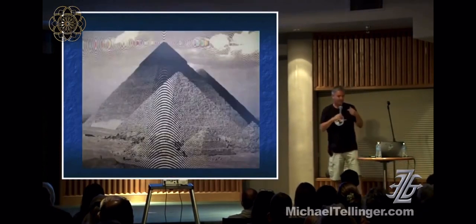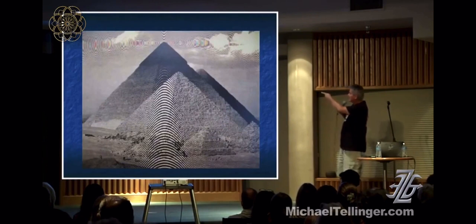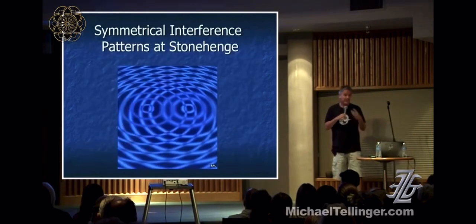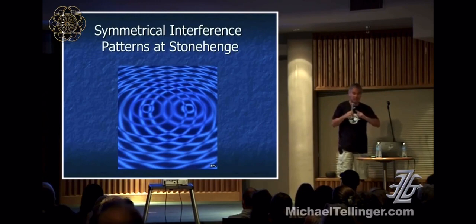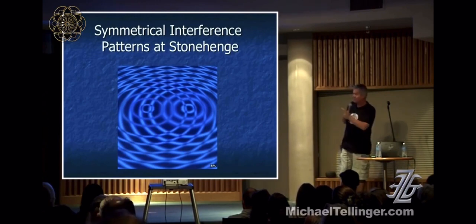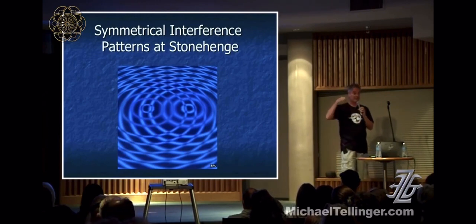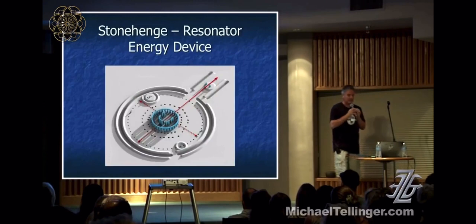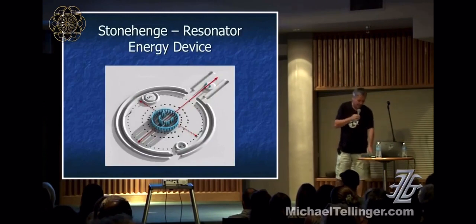And we know that the energies are still there, because this is a photograph taken of the pyramids, and there's still huge energy coming out of the pyramids. Even the symmetrical patterns coming out of Stonehenge, although Stonehenge has been completely reconstructed, there are still very powerful symmetrical patterns coming out of Stonehenge that tell us that its original structure was very specifically created as a resonating device, an energy device.